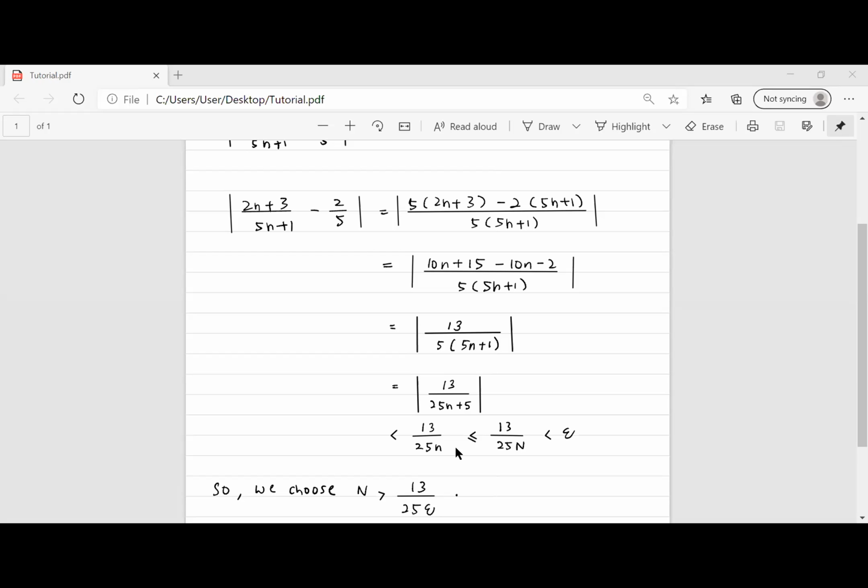So up to this point, if you understand the idea already, there are many possible solutions, because the idea is that we are studying the tail behavior of this sequence. As long as you can guarantee that there is some threshold where the tail of the sequence will not escape from the limit by more than a certain amount bounded by epsilon, then it's already proven.